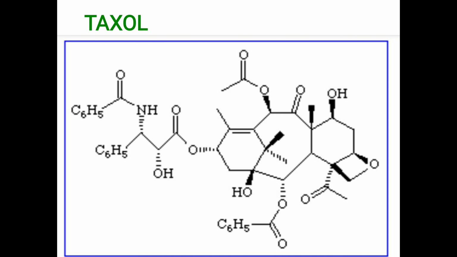Taxol has 9 asymmetric centers and it is a levorotatory compound.